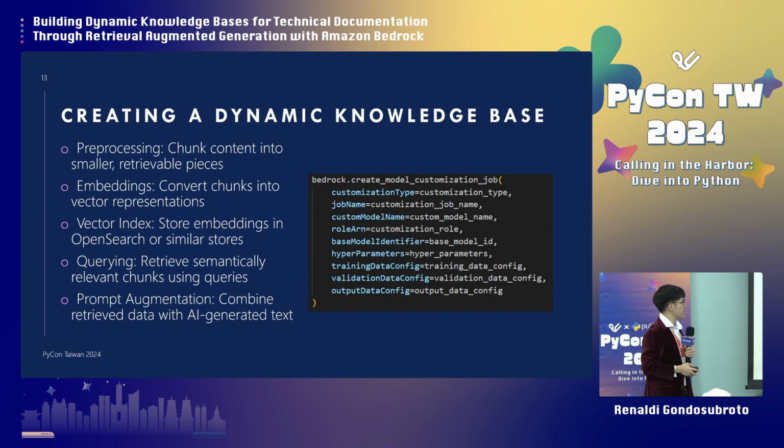And what we're then able to achieve is that we can create a dynamic knowledge base. This is an example of a call to Bedrock in creating a model customization job, and you can see there are quite a number of different parameters.